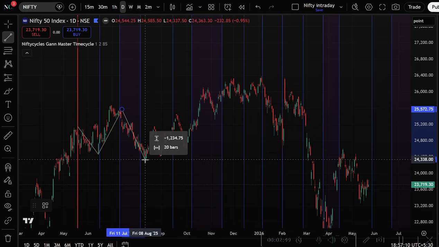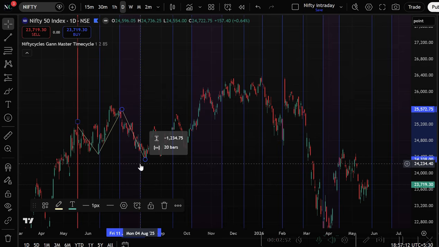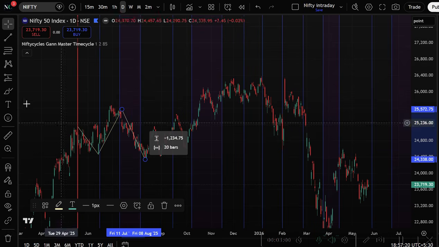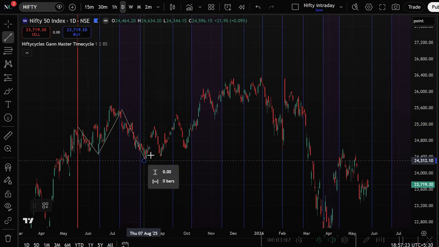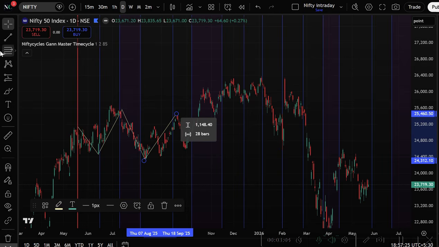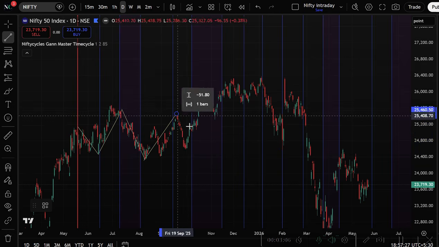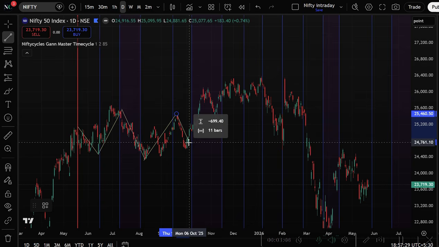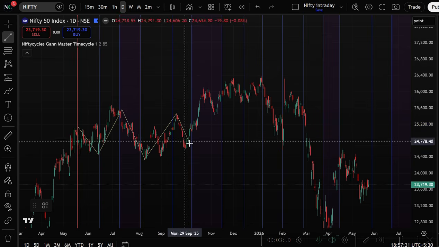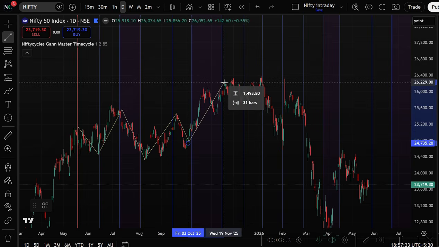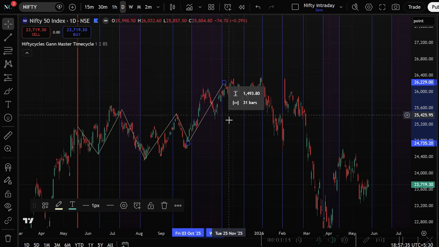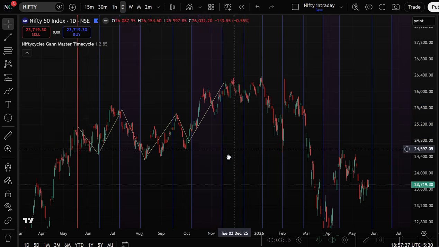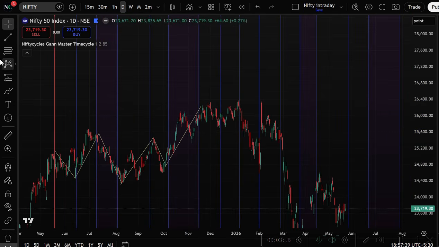Okay, so it's not exactly going to come, the lows or highs are not going to come exactly on this line, the vertical lines, but it may miss by a few days. Okay, 4 to 5 days, sometimes less. So that's the low. This is a high. See what happened here, low, high.